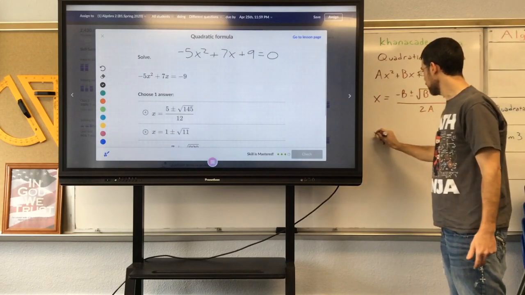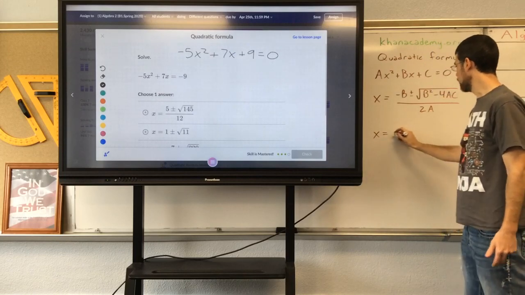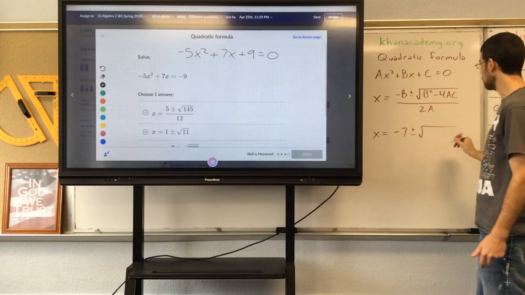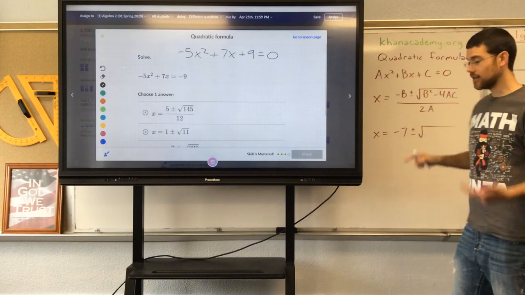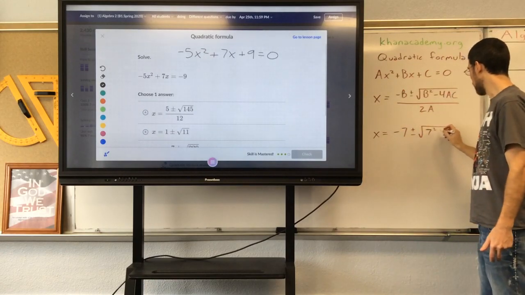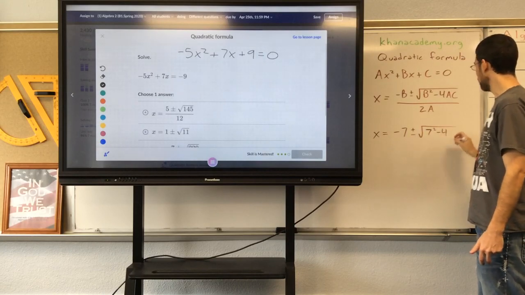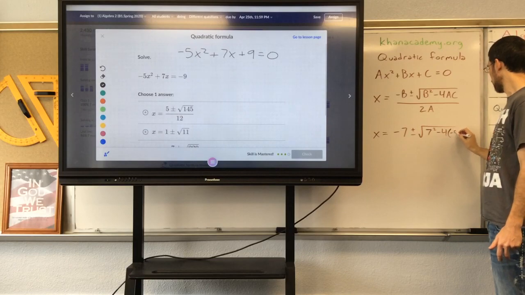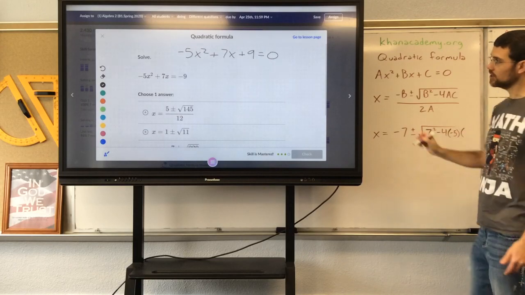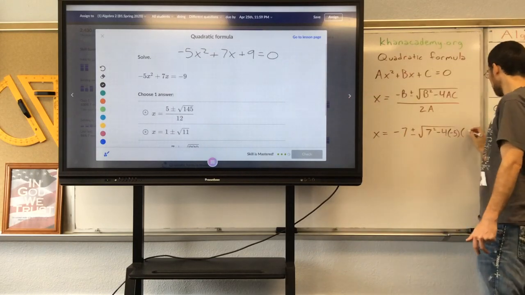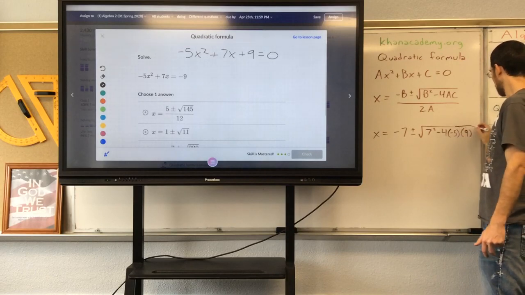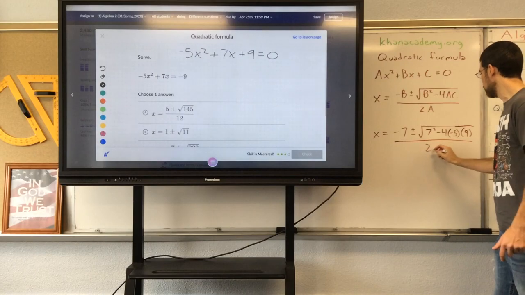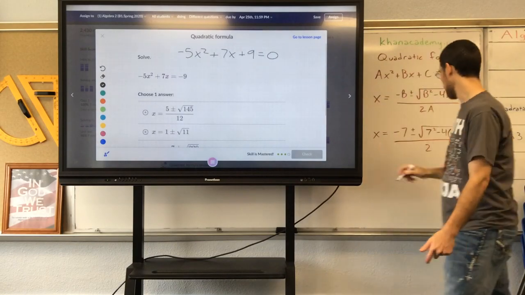So we're going to say x equals negative 7 plus or minus the square root. b squared, that's 7 squared, minus 4 times a, which is negative 5, times c, which is 9, all over 2 times a, which is negative 5.